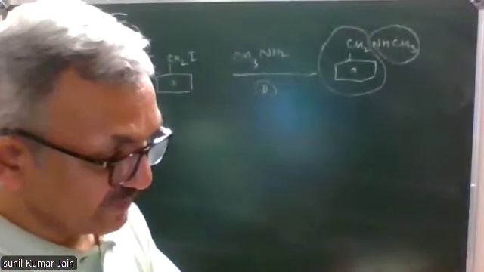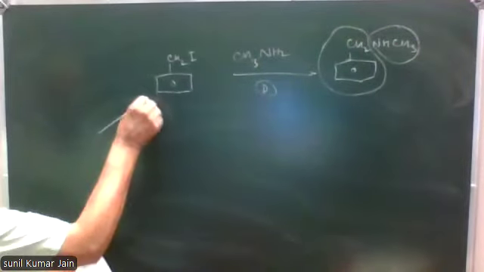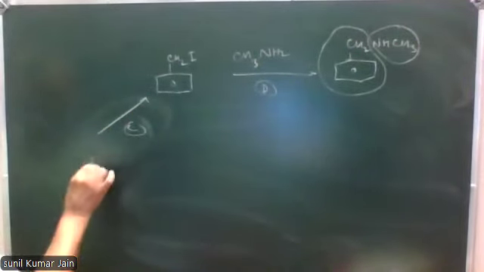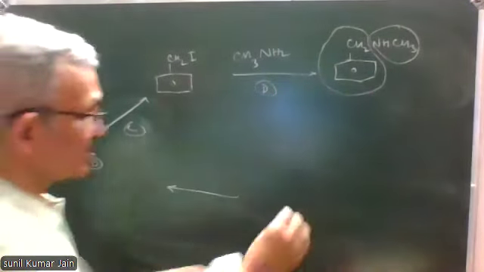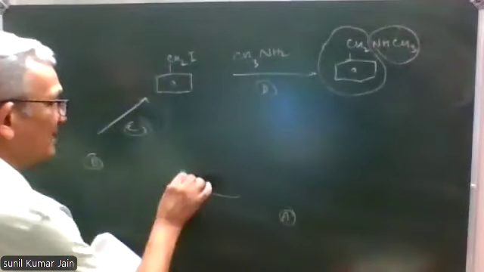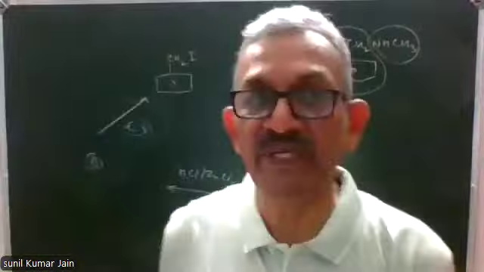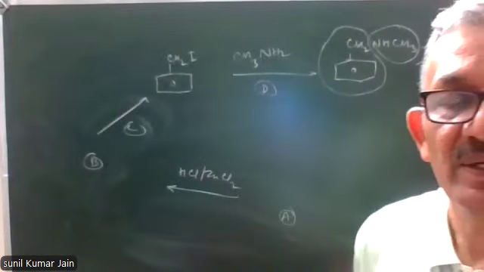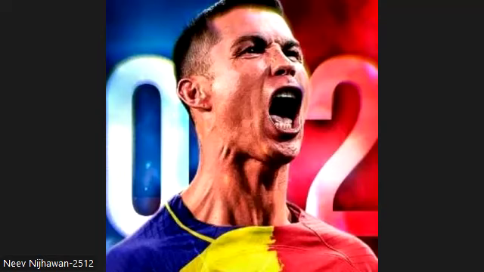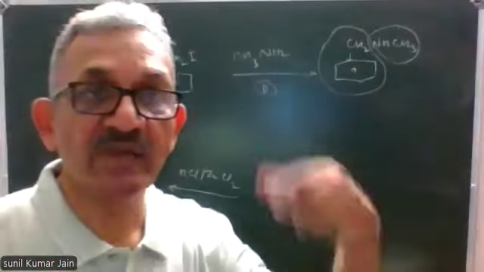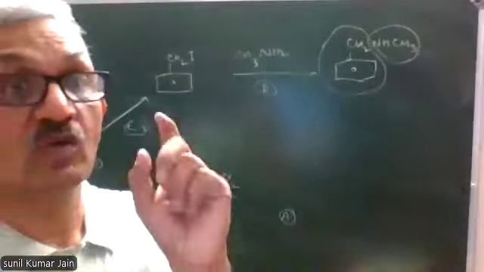Now this benzyl iodide is formed by the reaction between B and C. And this B is formed by the reaction of A with HCl and zinc chloride. Tell me name of this reaction. Sir, Lucas reagent reaction. This is Lucas reagent, but in terms of preparation, we call it Groves method.